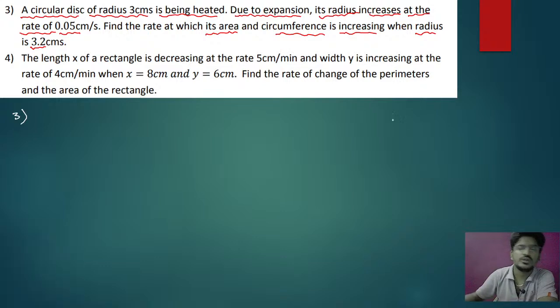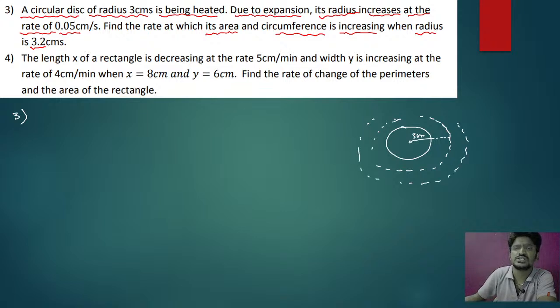By heating this, it is going to increase its radius, because this is a metal, and everyone knows that when a metal is heated, it is going to expand. So now we have to calculate the rate of change of its area as well as circumference.